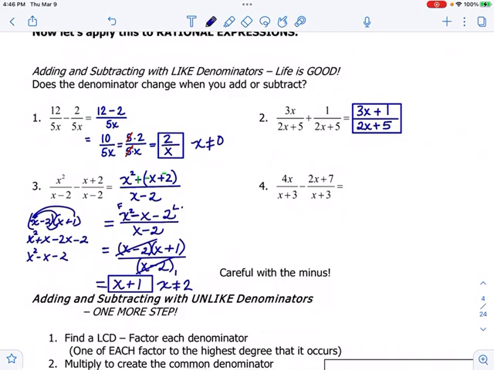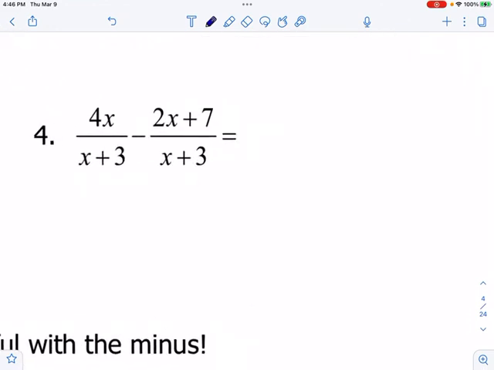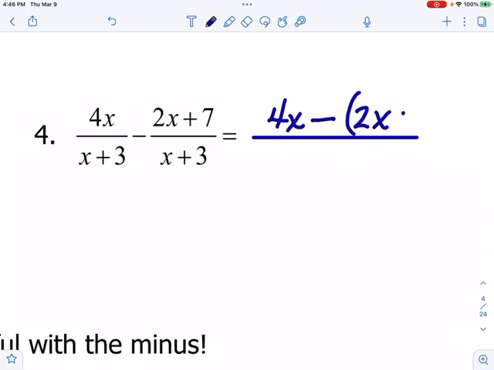Same denominator again, and subtraction for number 4. So remember, you can pause your video if you need to review any of these or rewind it. We have 4x, and then we're going to subtract the quantity 2x plus 7, like so, and that's over x plus 3. So we have the same denominator, combine the numerators.